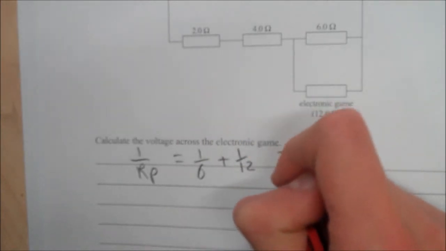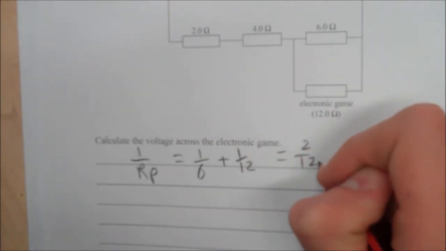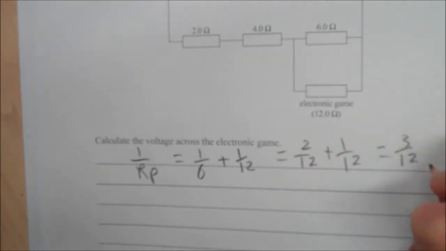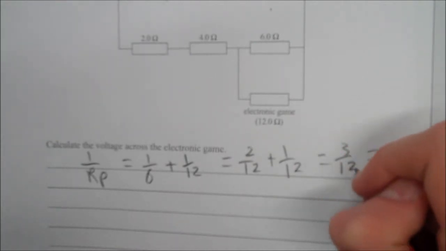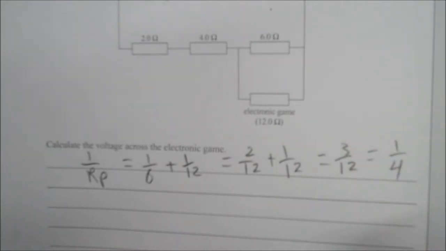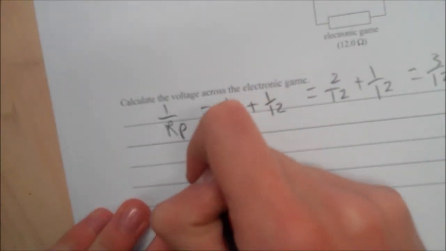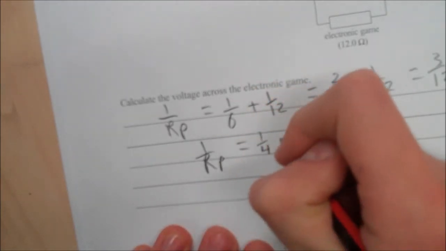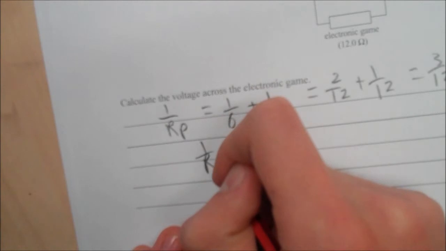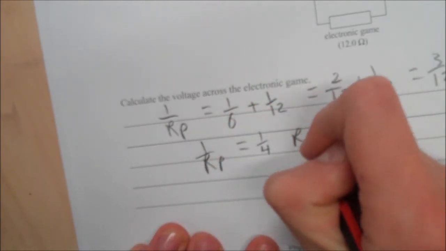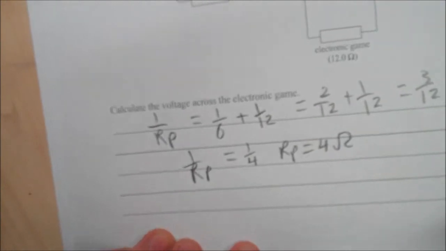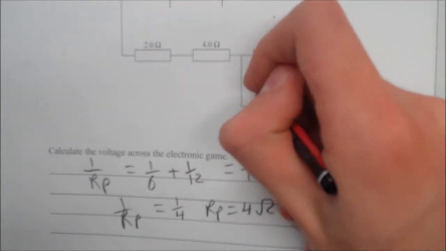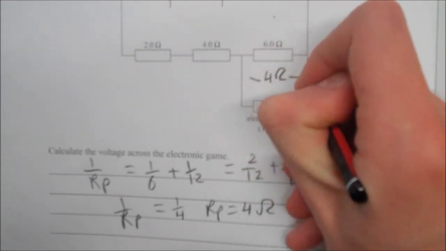And this is the same as saying 2 over 12 plus 1 over 12, which is just 3 over 12. And 3 divided by 12 is just 1 over 4. So 1 over the parallel resistance is 1 over 4, which means the parallel resistance is equal to 4 ohms. So now we just need to add that in series with these two, because this is effectively a 4 ohm resistor that just goes across.